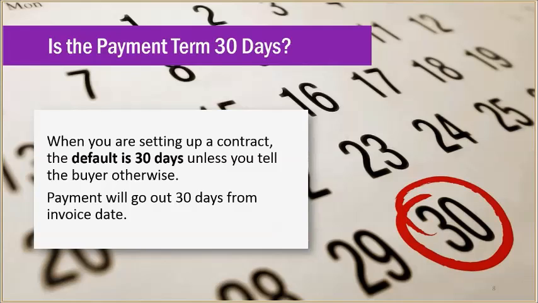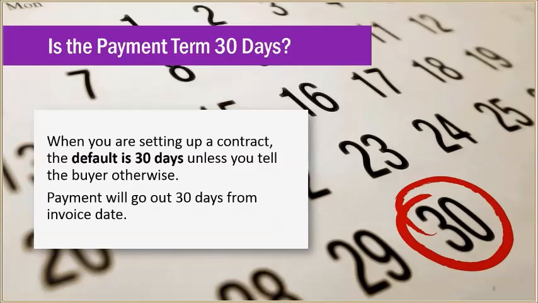Next, is the payment term 30 days? So whenever you're setting up an invoice in the system, you'll notice under payment terms a variety of options. And payment terms are set up in 3 different places. Initially, when the supplier is set up, our group in procurement may set the payment terms to the 30 days.